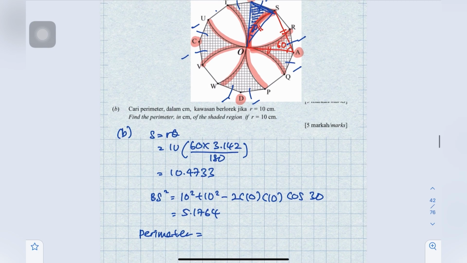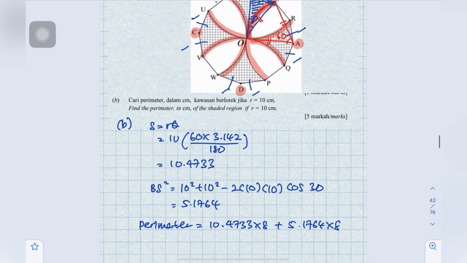So the perimeter is 10.4733 times 8 plus 5.1764 times 8. Okay, so the answer will be 125.1976. Maybe it will be slightly off if you take 4 decimal places or 3 decimal places or 4 significant figures.